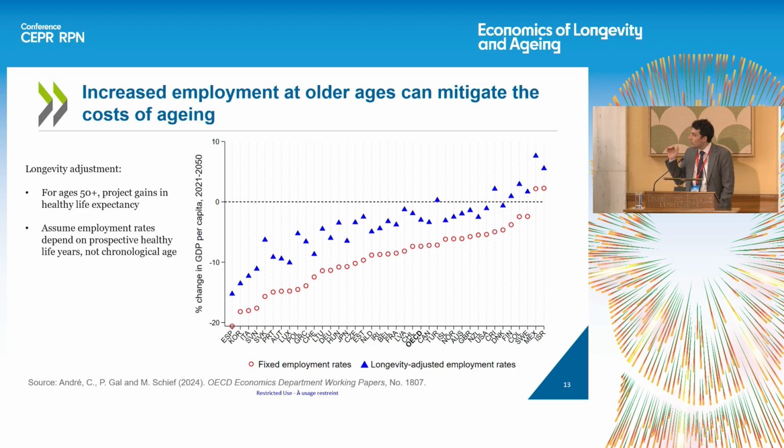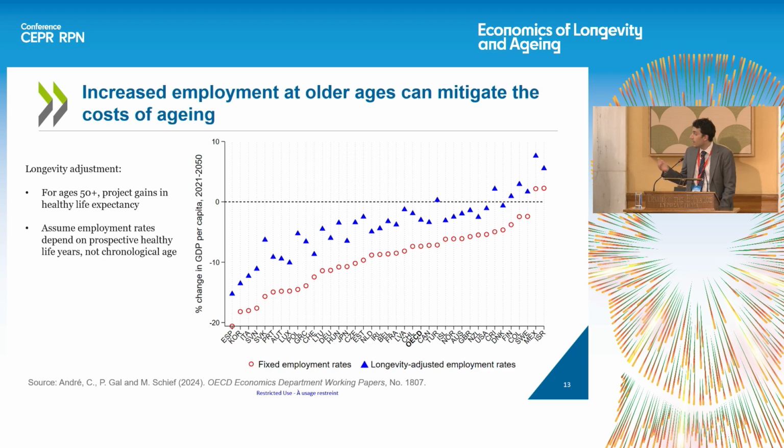And we compute those longevity-adjusted participation rates by making the following assumption. We say that for each person age 50 and above, we first look at demographic projections and try to understand how much gains in healthy life expectancies these age groups stand to experience. And then we say, what if the participation rates are actually not a function of how many years you have lived so far, but of how many healthy years you have ahead of you?